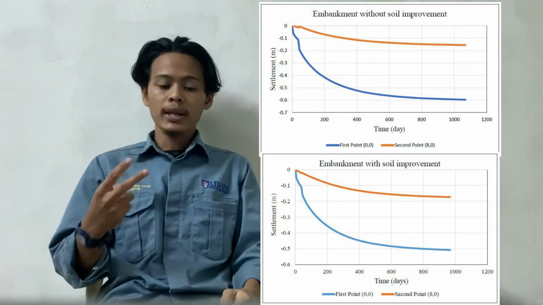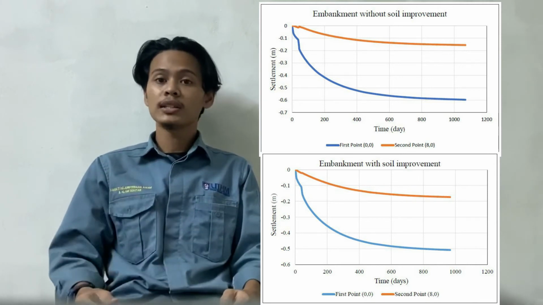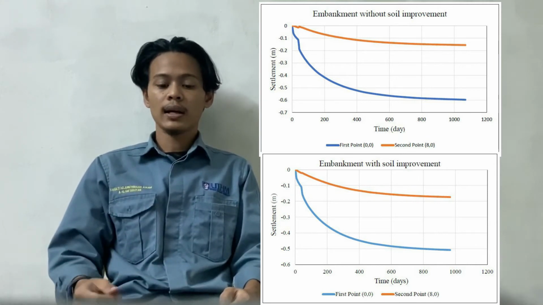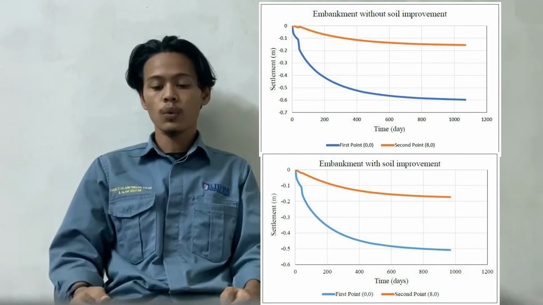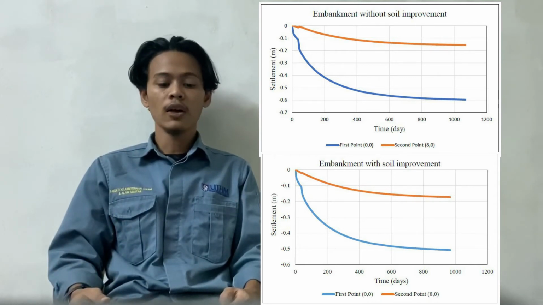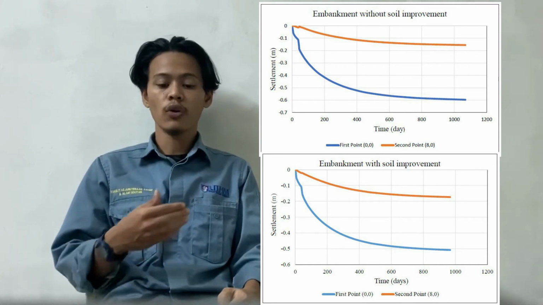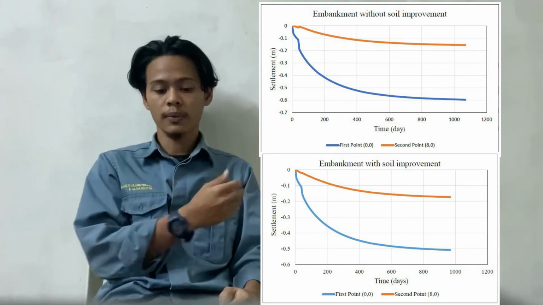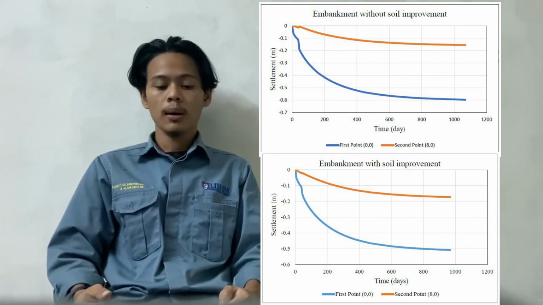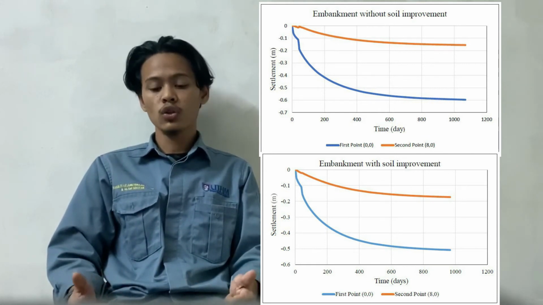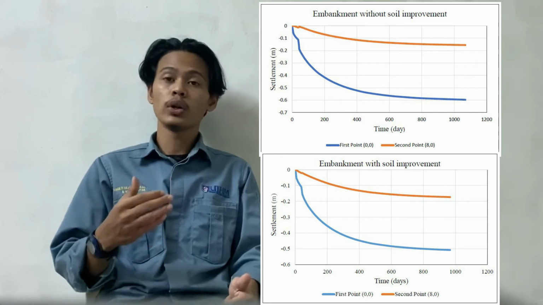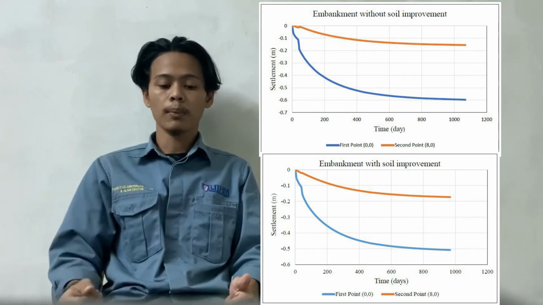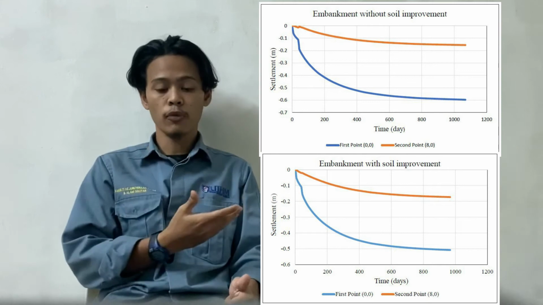The second point (8,0) has a different result pattern, which is 0.15 meter without soil improvement and 0.16 meter with soil improvement, as shown in the graph. This pattern occurs because the embankment without soil improvement consolidates over a very long time compared to with soil improvement.